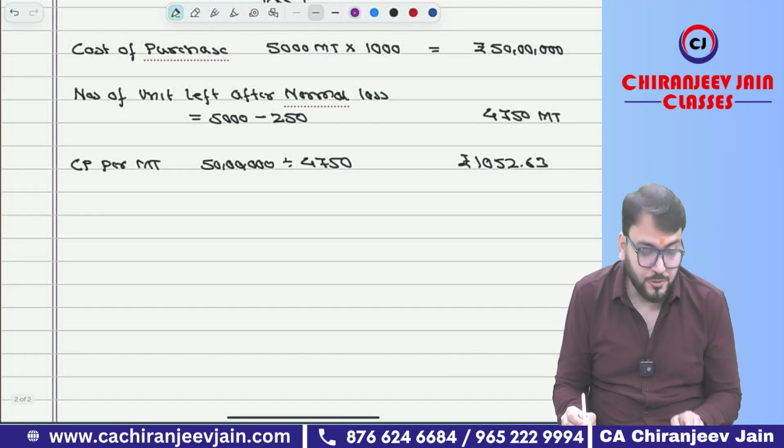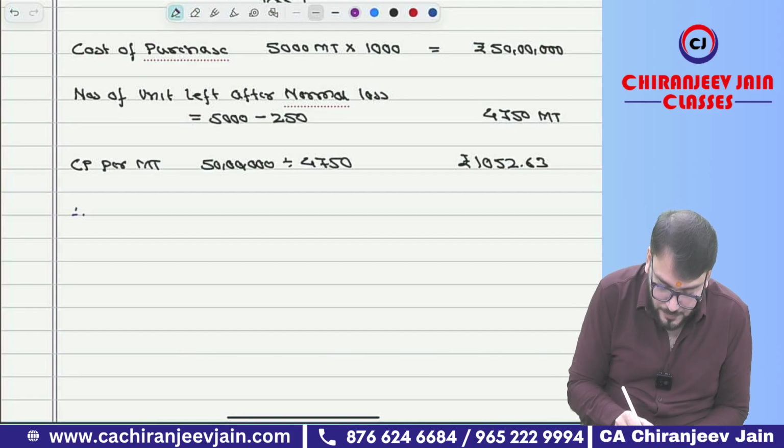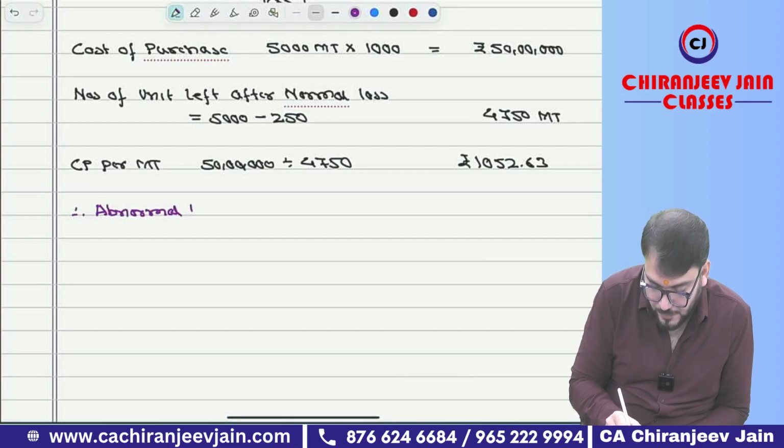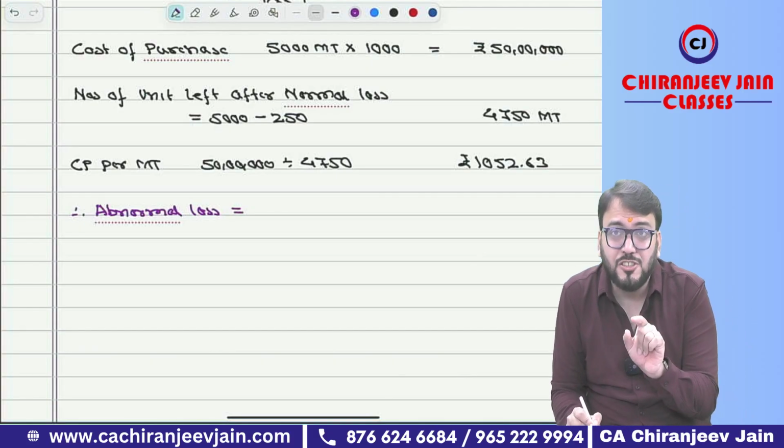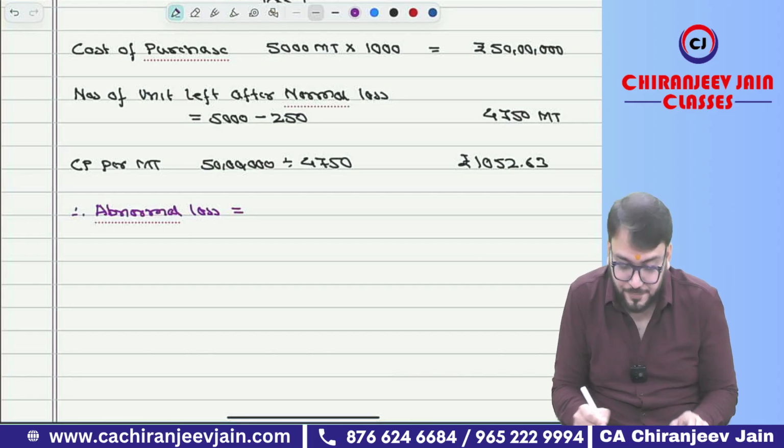Correct? Understood? And therefore, what will be the value of abnormal loss? Abnormal loss will be 50 MT, because total wastage was 300 MT minus 250.